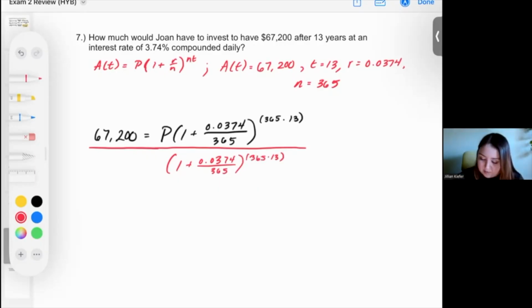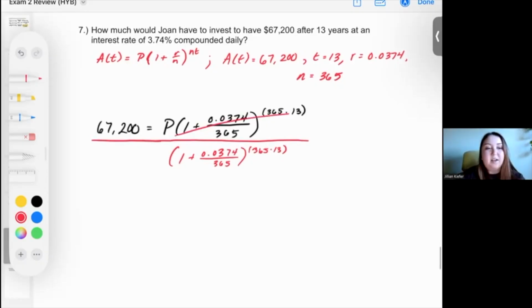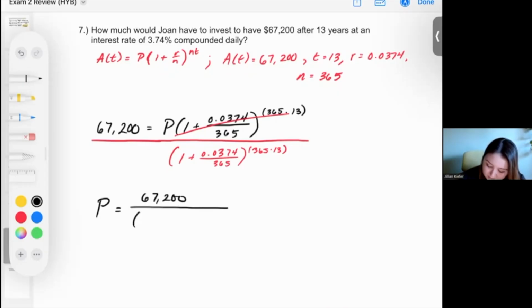So it cancels out on this side, and our principal is going to be equal to 67,200 divided by 1 plus 0.0374 over 365, all to the power of 365 times 13.